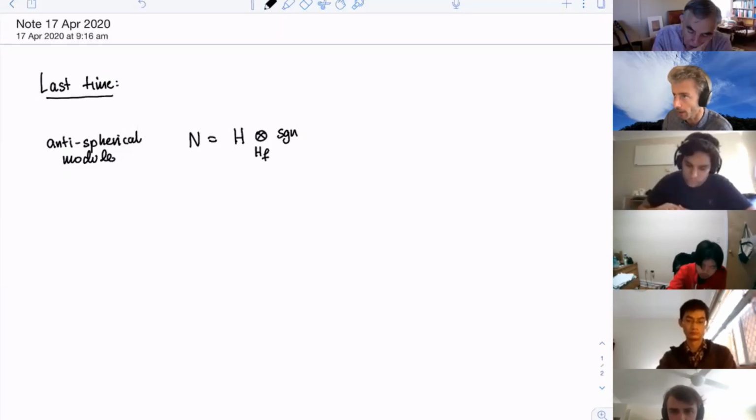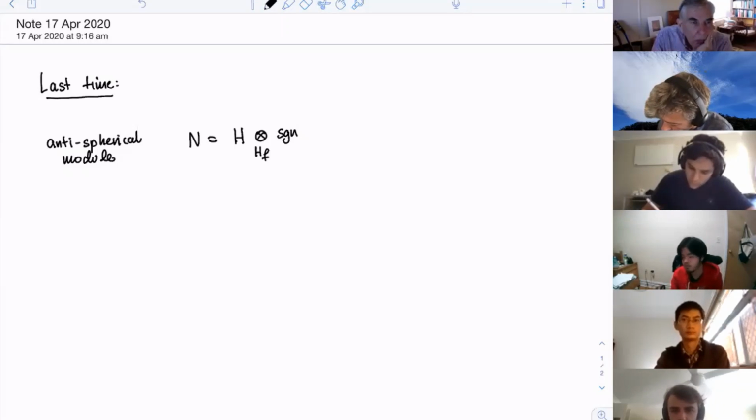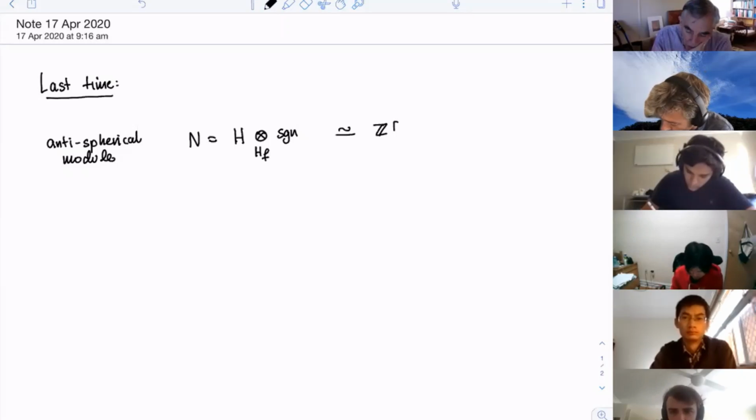And this was isomorphic as a vector space to Z[v, v^-1] on the character lattice.